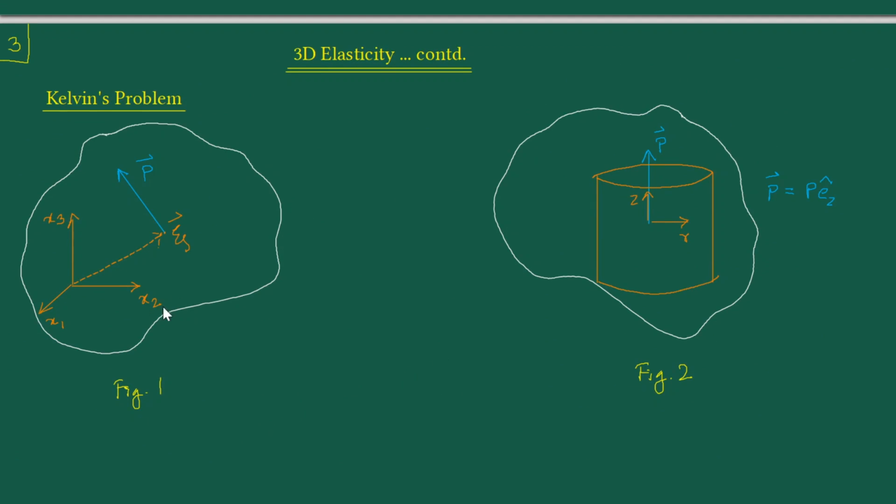So referring to this more general figure, we really don't have a real physical boundary present here. And again I emphasize that this white curve that I have drawn here is only for the purpose of visualization, that there is some material here. But this boundary is not really present.